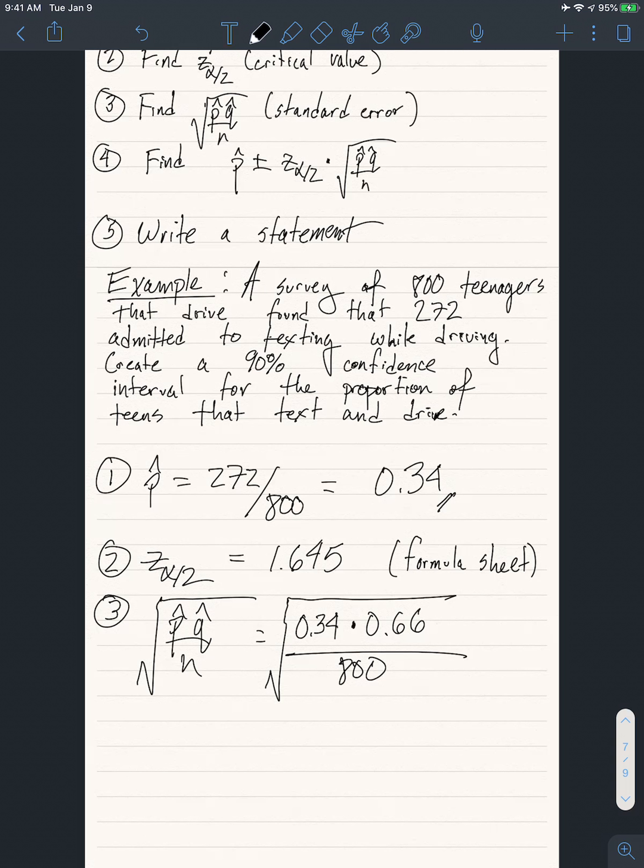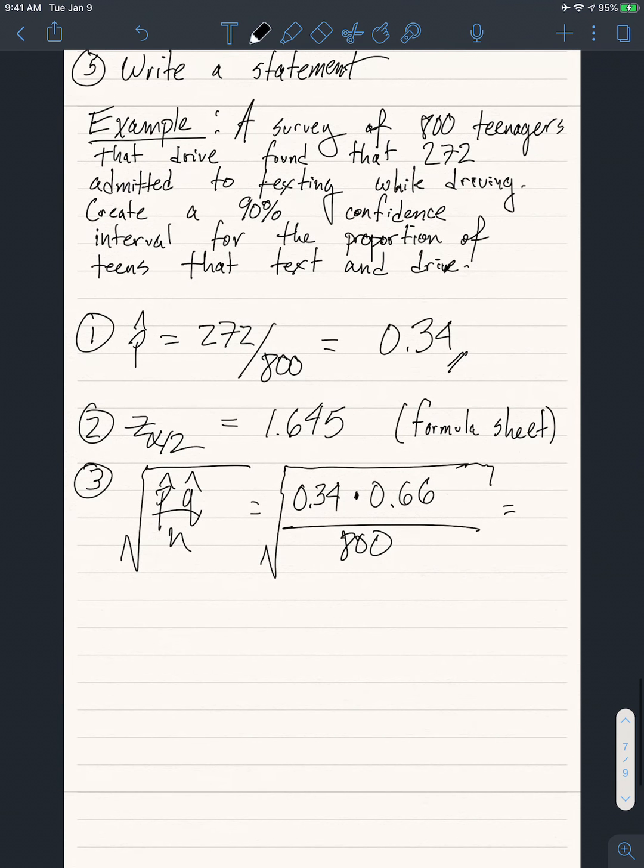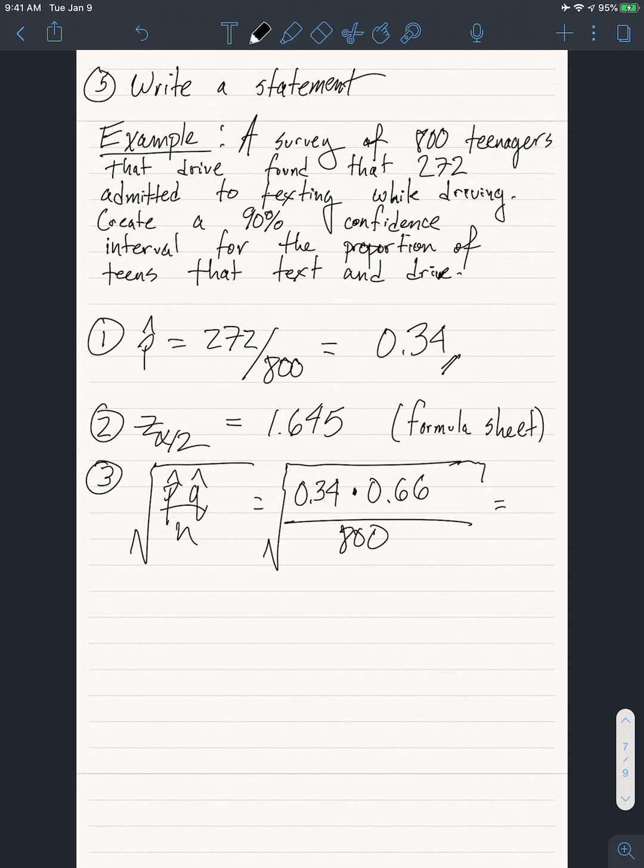The biggest mistake here is that some students will accidentally use the 272, but always remember your n is the total number of observations. So 0.34 times 0.66 divided by 800, and keep in mind it's all underneath one big square root.